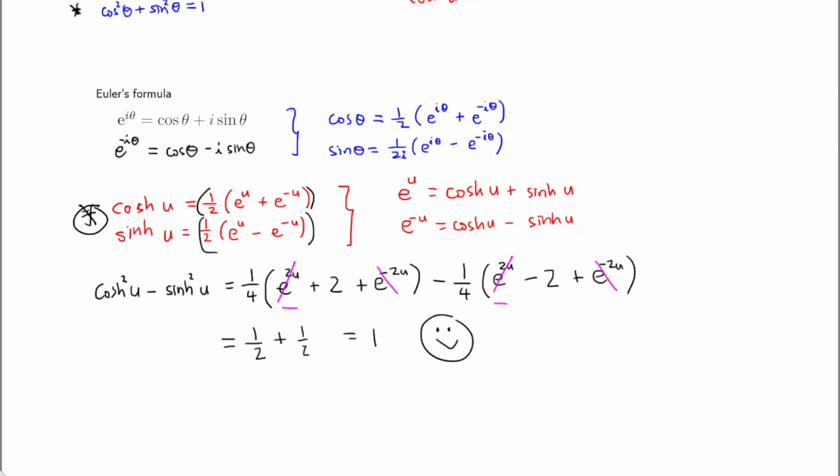Next we're just going to take a look at a couple of identities, proving a couple of identities for hyperbolic functions that really ought to remind you of some trigonometric identities.